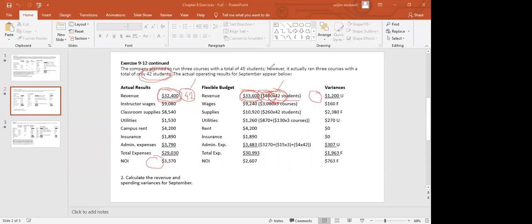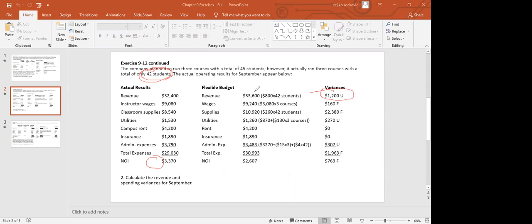The flexible budget tells you where. So what's the difference basically? The difference is $1,200 negative. Why negative? Unfavorable, not negative in a mathematical sense, but unfavorable, not good for you. Why?